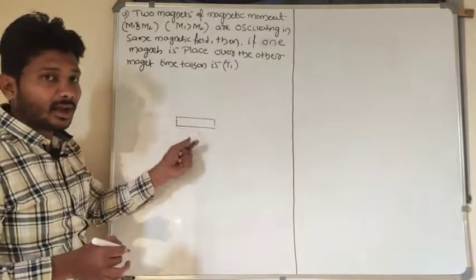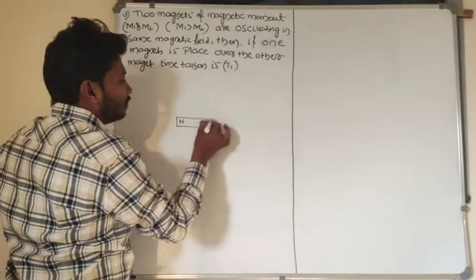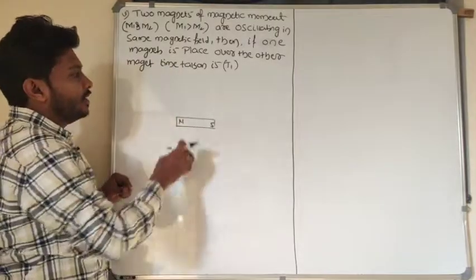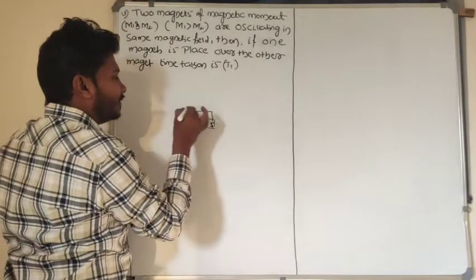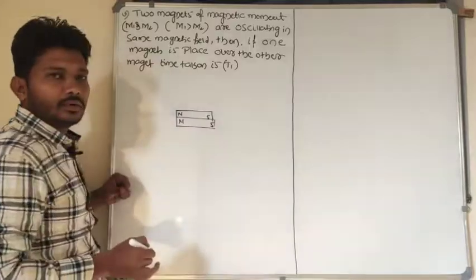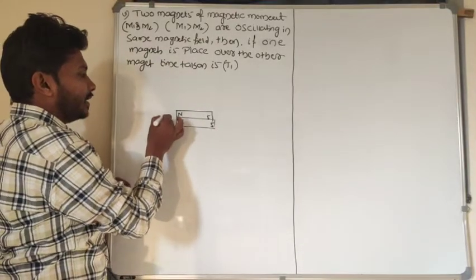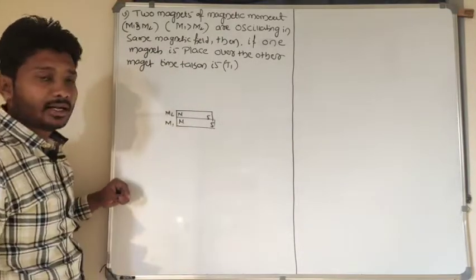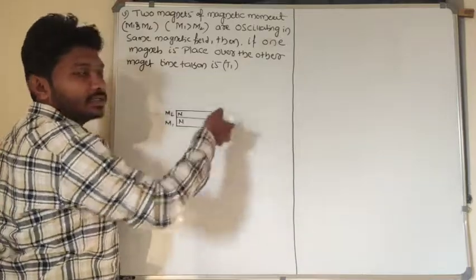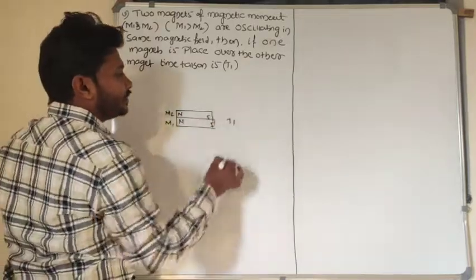Look at here, this is one magnet needle or bar magnet, north pole and south pole, right? Now another magnet I will take here, north pole and south pole. This magnet has magnetic moment m1 and this one has magnetic moment m2. These two magnets are oscillating here.